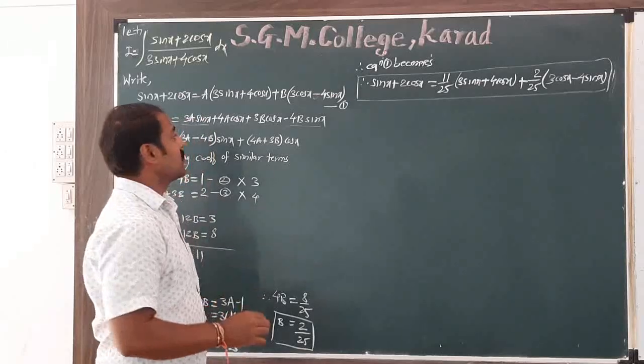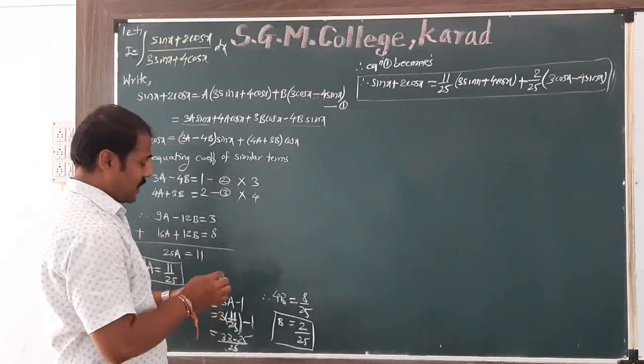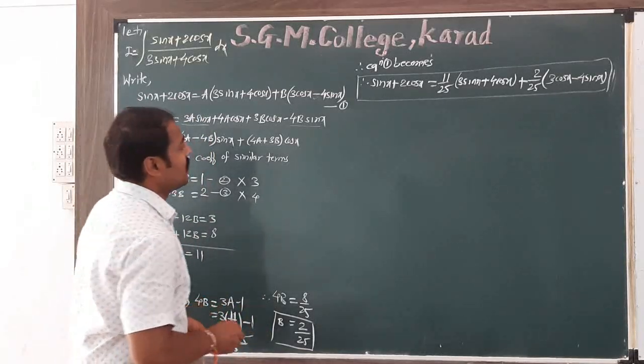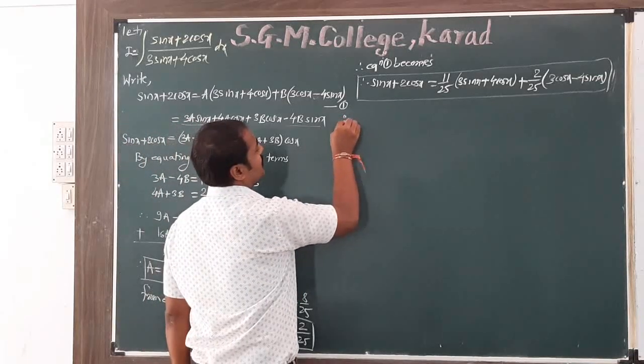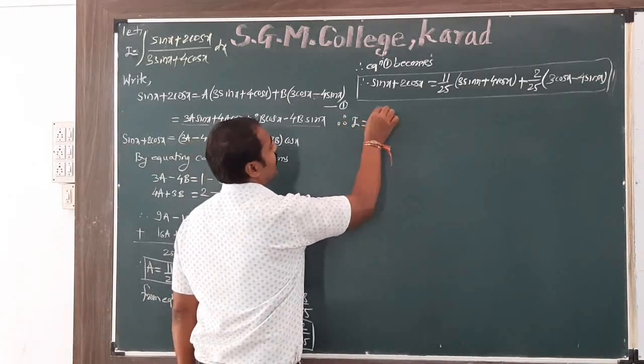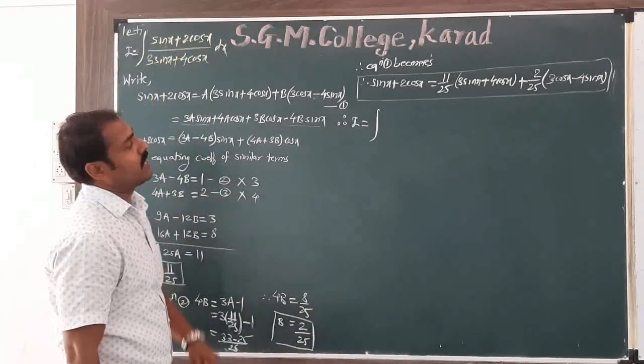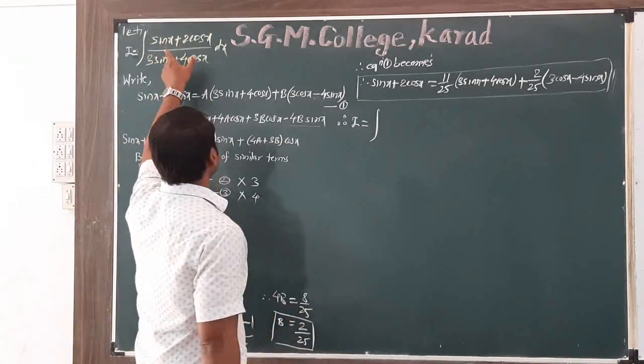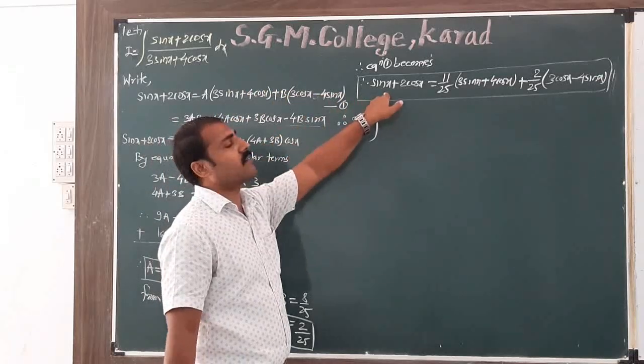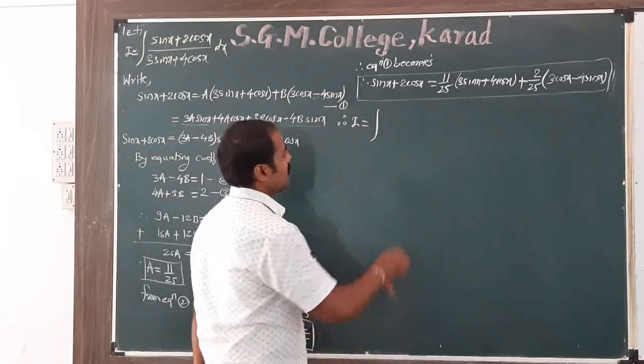Third step is what? Put the value of numerator in given integration. Therefore, given integration becomes I is equal to integration. Replace numerator in the given integration. Numerator is what? Sin x plus 2 cos x, and here is the value of sin x plus 2 cos x.